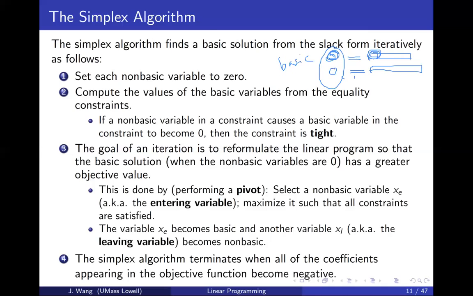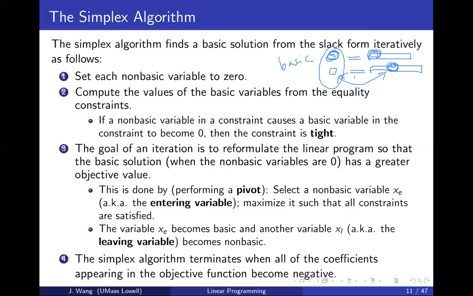And then we're going to work on an equality. We're going to pick a non-basic variable from one of the constraint equalities. And then we're going to say this is the one we're going to pick. So we're going to swap these two variables so that the non-basic becomes basic, and the basic becomes non-basic.